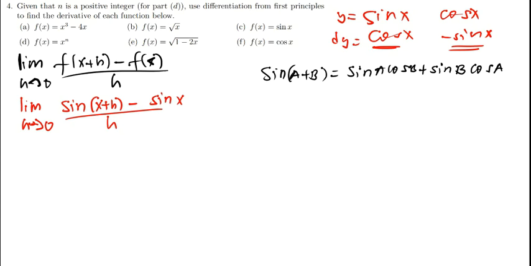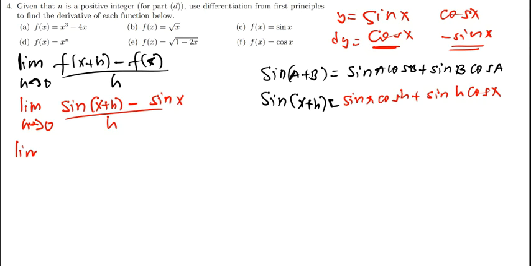So in this case, we have sine of x plus h, meaning that is going to be sine x cos h plus sine h cos x.